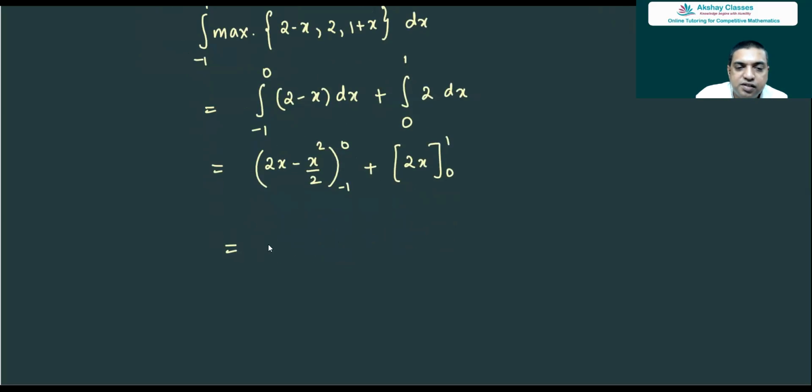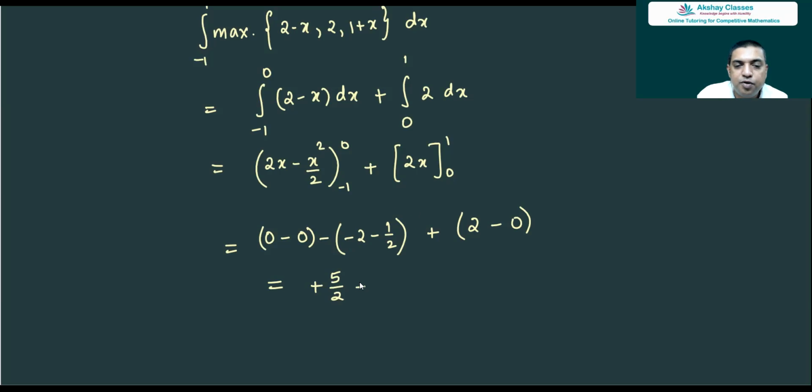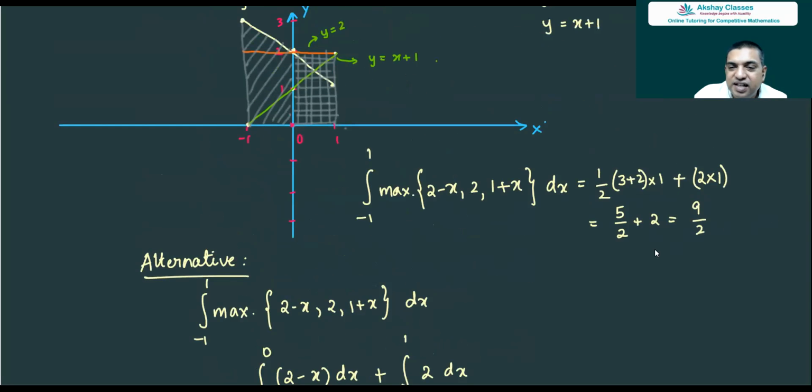So substituting 0 and substituting -1, we get this, plus substituting 1, we get 2, and substituting 0, we get minus 0. Now this is minus 5 upon 2 times -1, that is plus 5 upon 2, plus 2, which is 9 upon 2, which is the same as what we got.